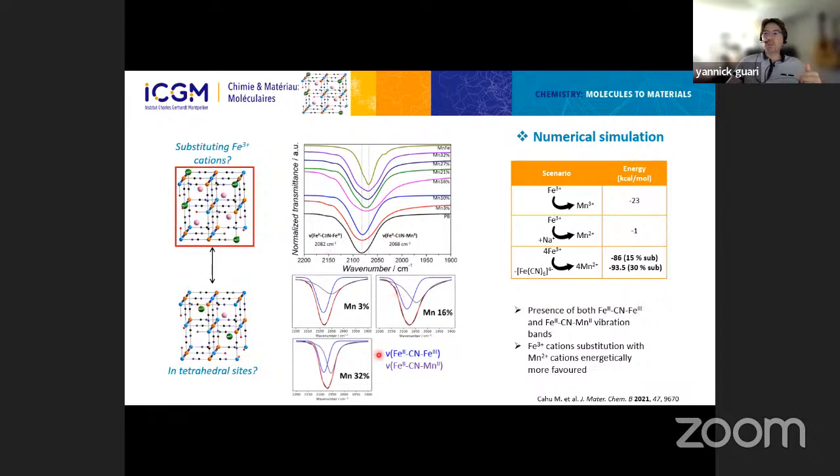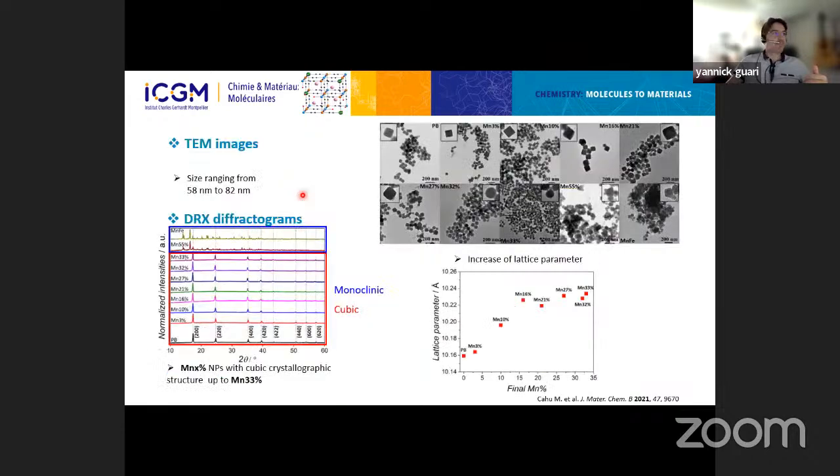Performing infrared spectroscopy completed with a modelization, we were able to confirm that the first case, substitution of iron by manganese in the structure, is the actual situation, which is also coherent with the observation of a lattice increase here, as the manganese element is bigger than the iron one.